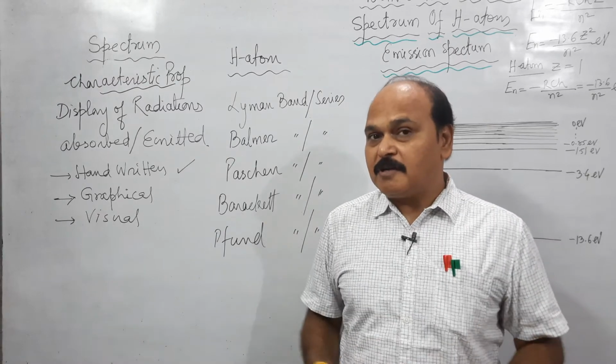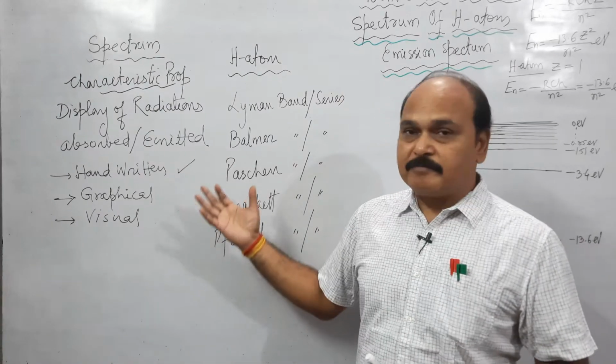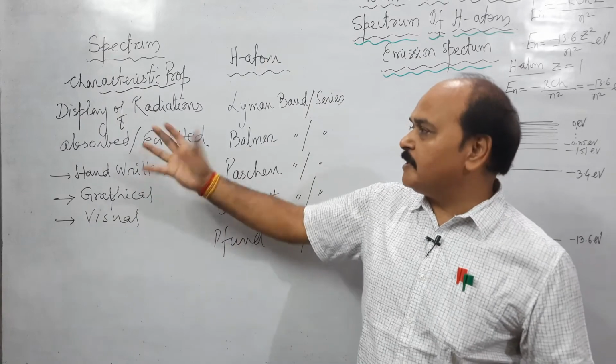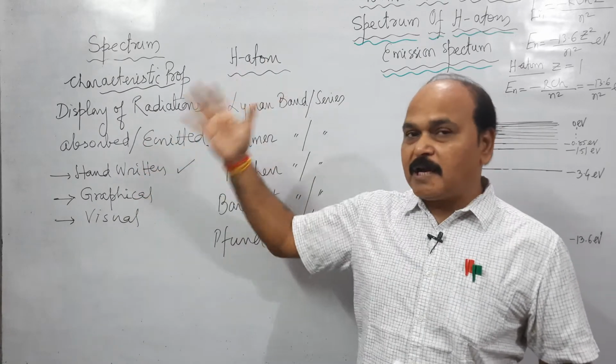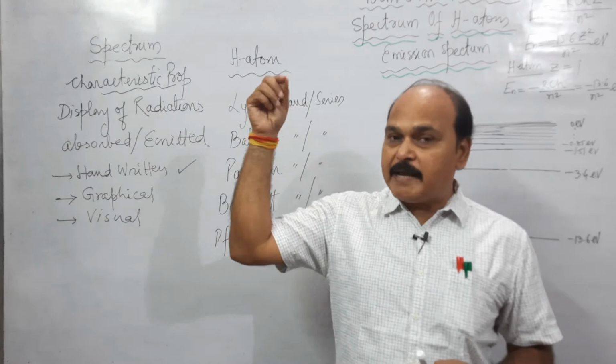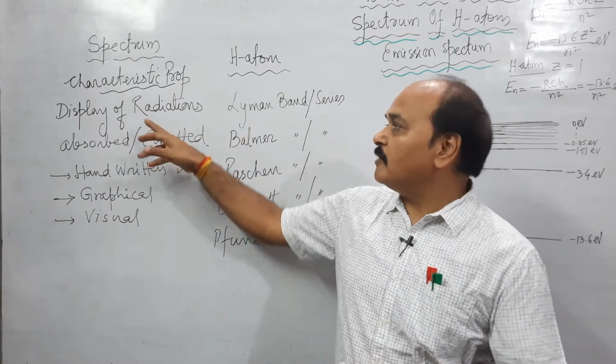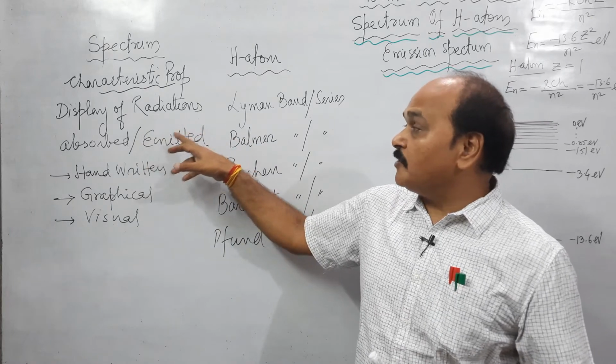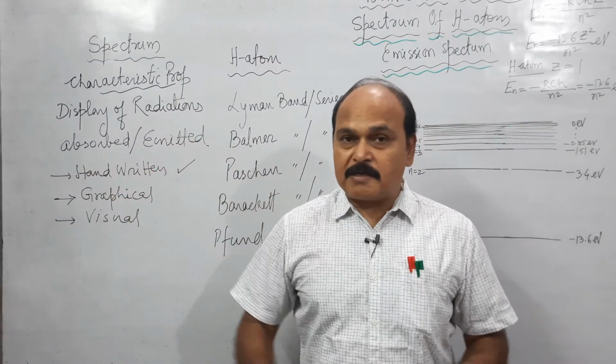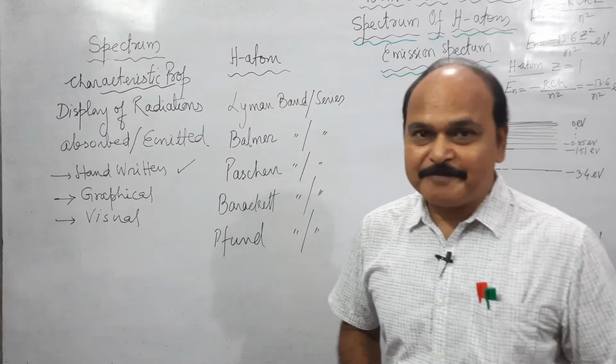So that is called a visual spectrum. Any arrangement where all wavelengths absorbed or emitted are arranged in a definite order is called a spectrum, and this spectrum is, of course, the characteristic property of an element.